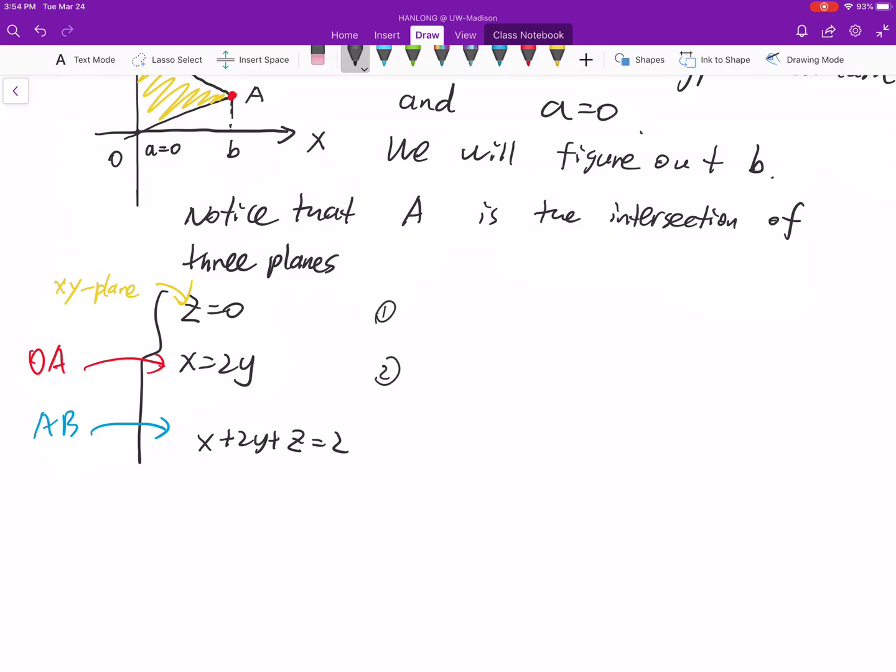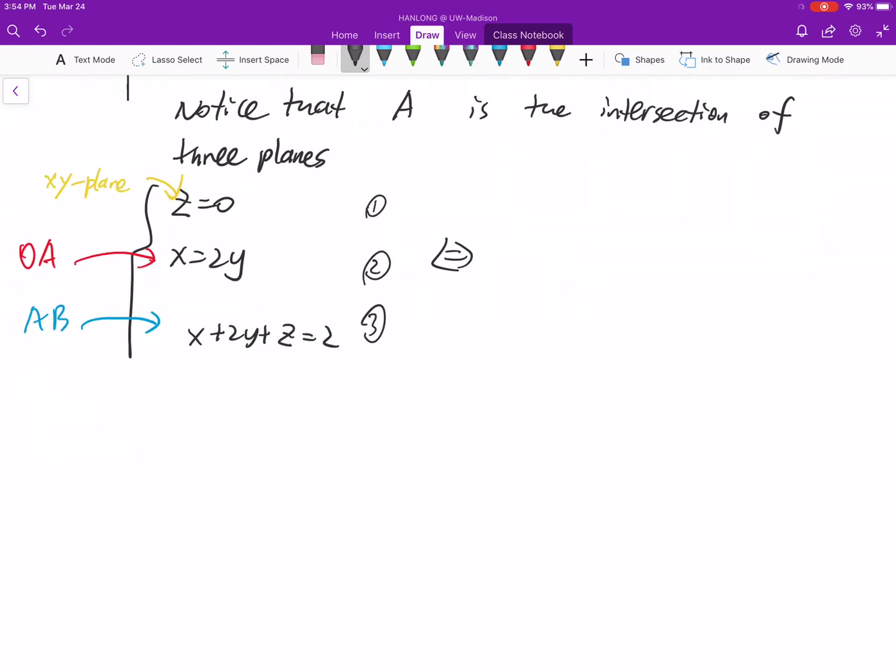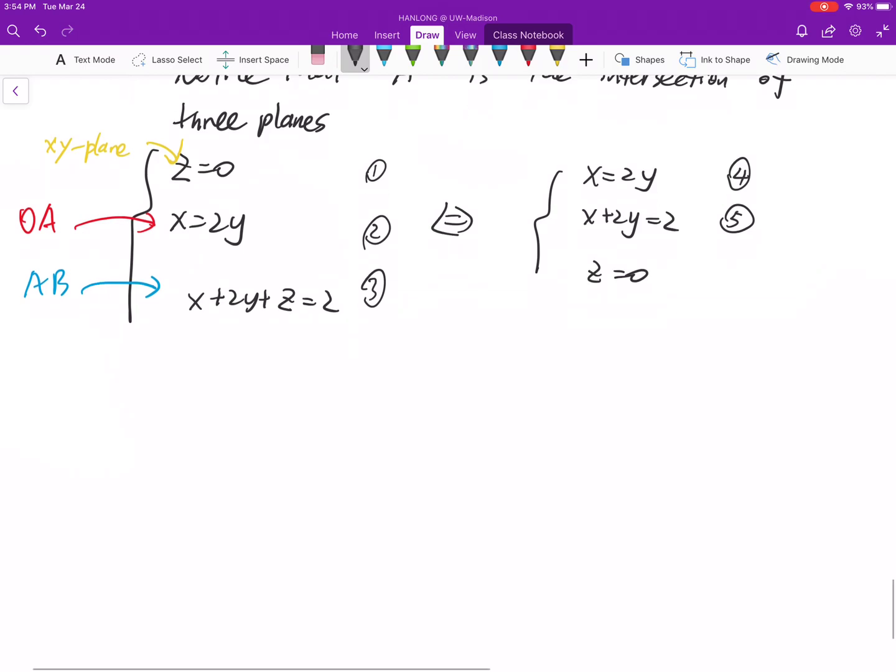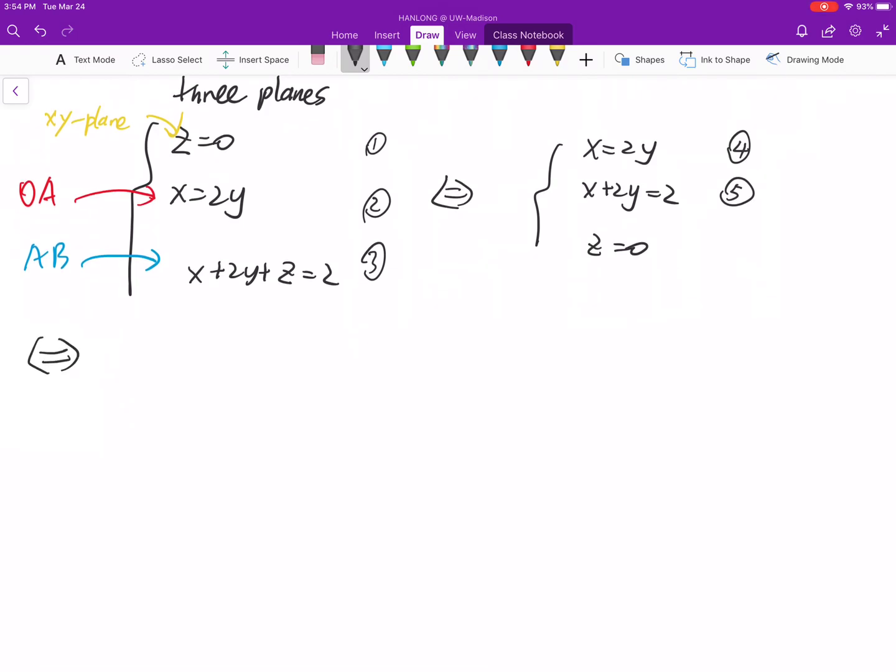Okay, let's solve it. If you plug 1 into 3, then you have x equals 2y, x plus 2y is 2, and z equals 0. Then you plug 4 into 5, and you have 4y equals 2, z equals 0.